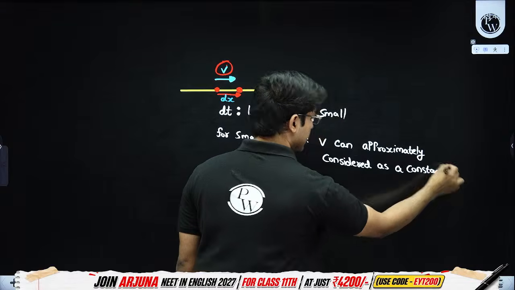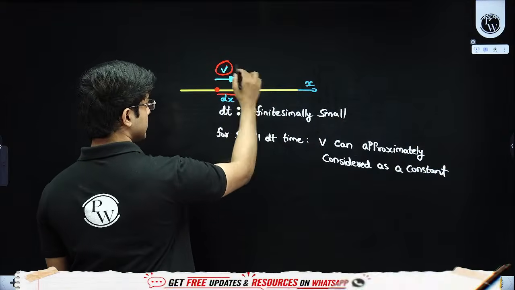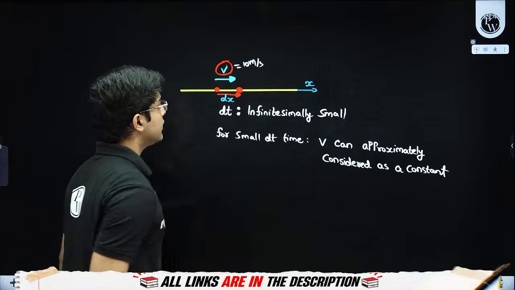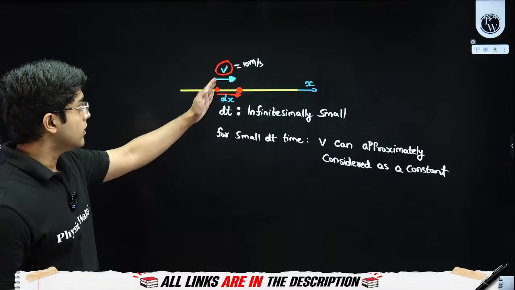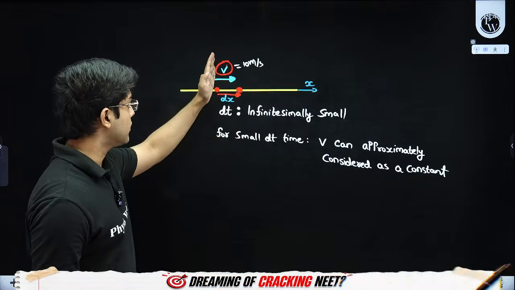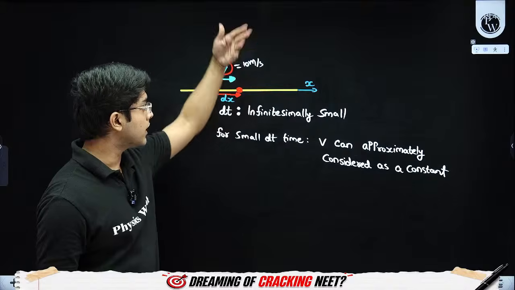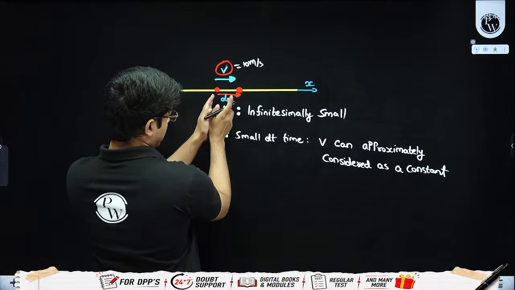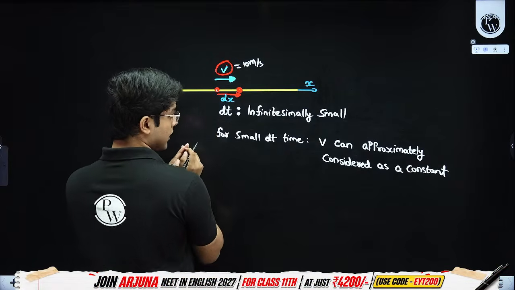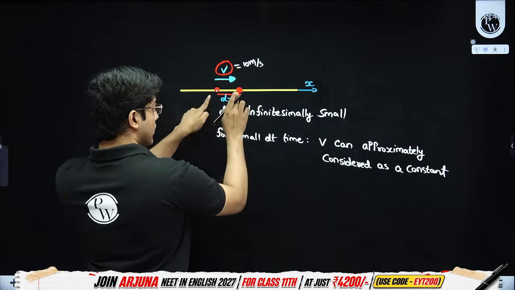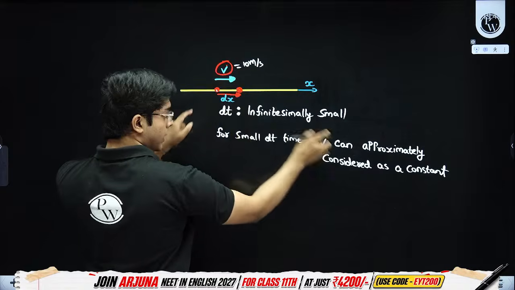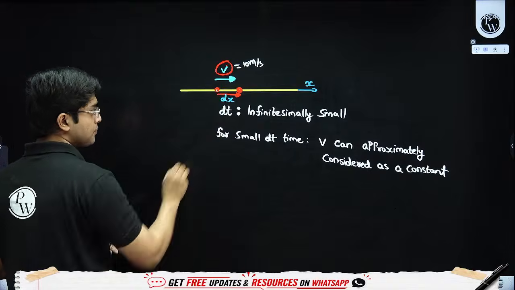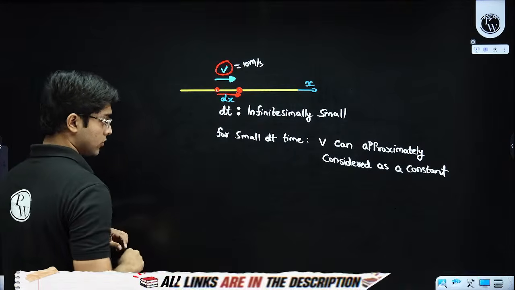Even if after 10 seconds it is something else. Let's take an example. I am saying v is 10 meters per second. This is not a constant speed motion, so after 10 seconds speed can be 20, it doesn't matter. But for this very short time interval that we are studying this motion, I can consider v to be approximately constant, because it doesn't have that much time to accelerate. So I can roughly consider it a constant.